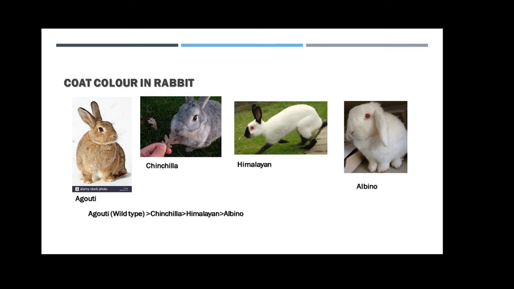Next is the Himalayan. Himalayans are white in color, but the feet and tips are black. That is, the ears and mouth are black, and they also have red eyes. And the most recessive is albino color. Albino is pure white in color and they have red eyes.